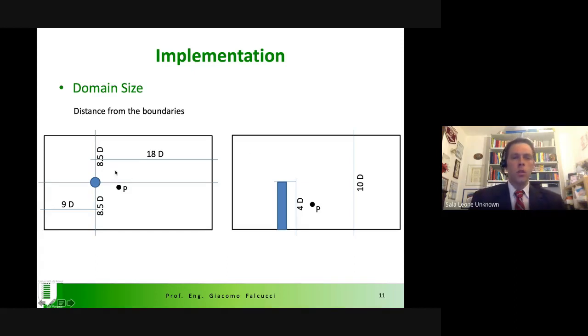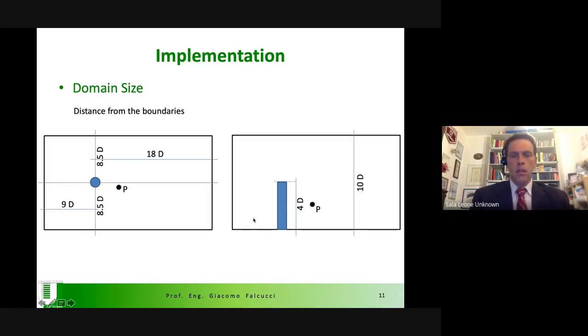We arrived at this domain in which the sponge was placed, given D its diameter, 9 diameters from the inlet, 18 diameters from the outlet, and 8.5 diameters from the left and right walls. Considering the other view, the domain height is more than twice the height of the entire structure.